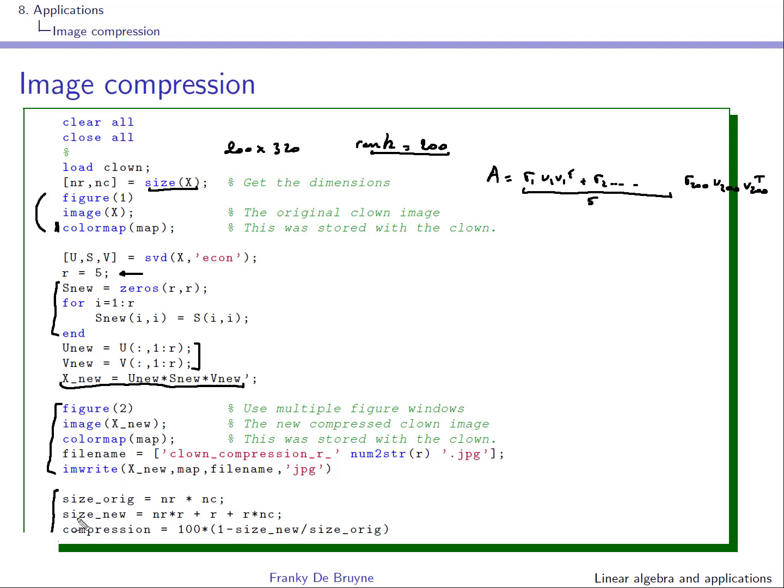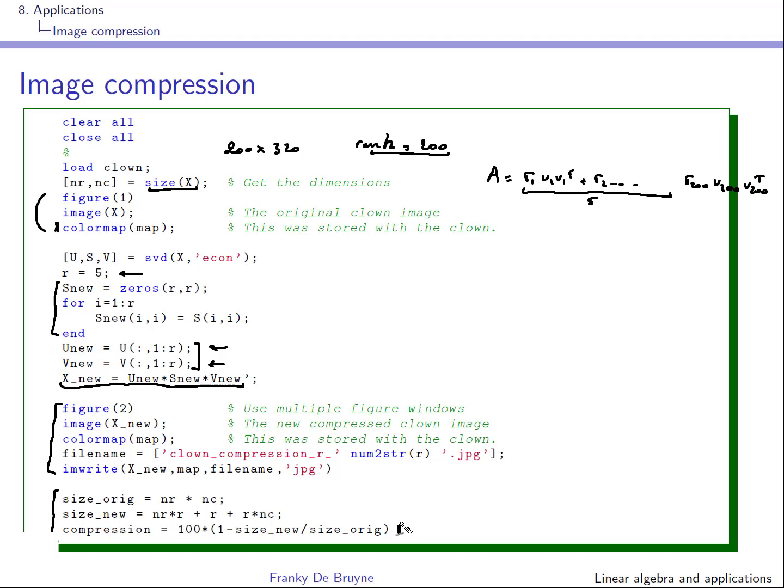In the new image, you need NR times R for this one, R times NC for the transpose, and on the diagonal you need R terms. So this is the new size, and if you use this expression here, you obtain a compression factor.